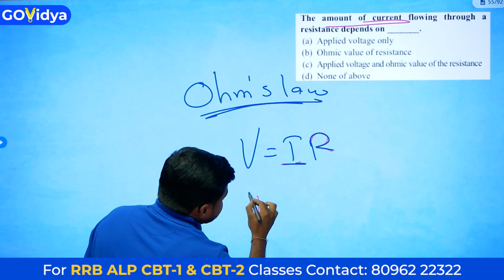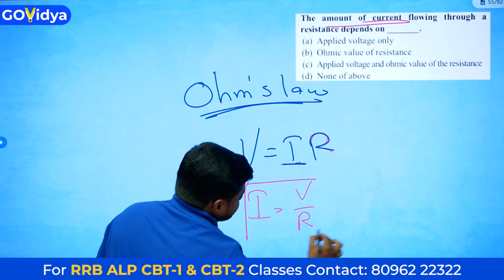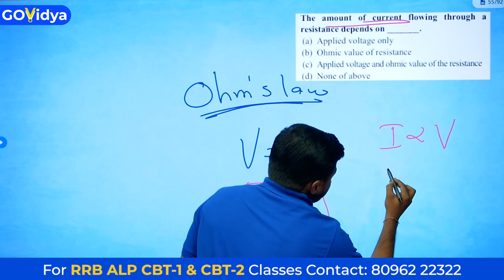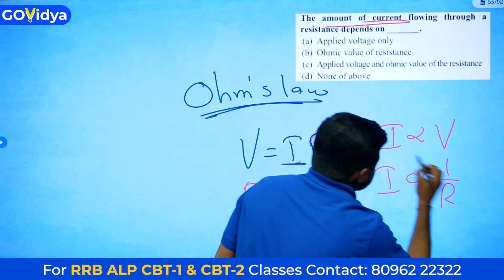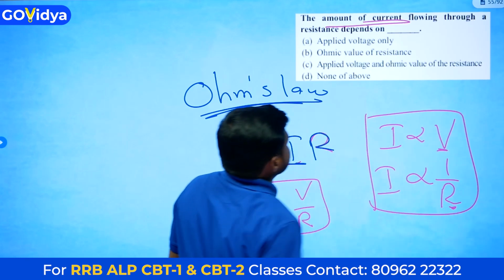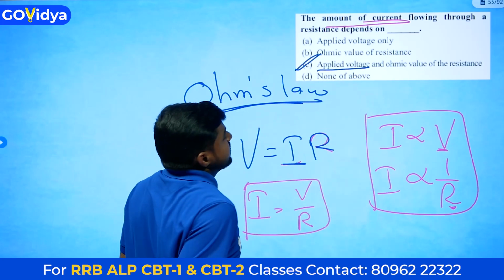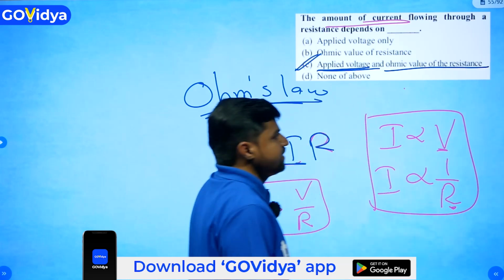I is equal to V by R. I is directly proportional to the voltage applied and inversely proportional to the resistance. So I depends on voltage and resistance. From the options, option C is the correct answer.